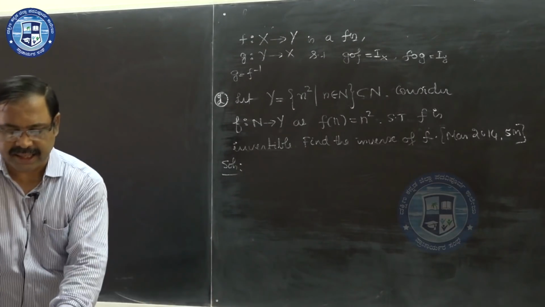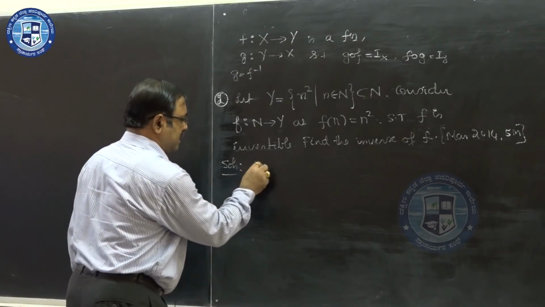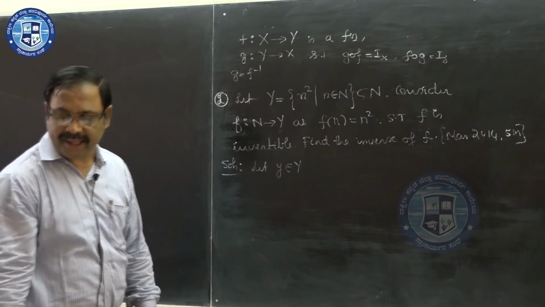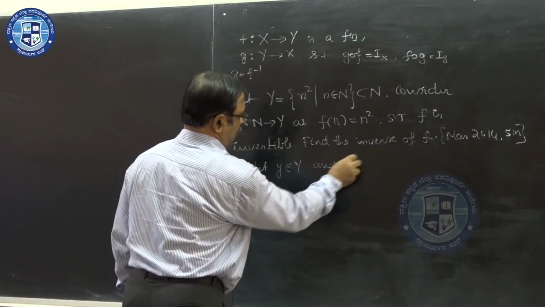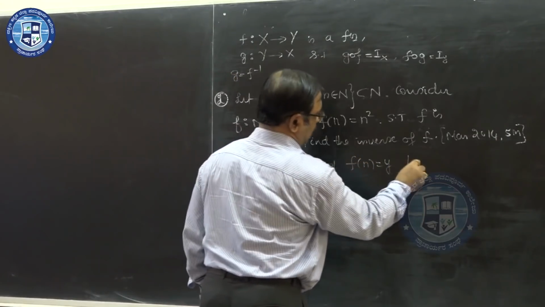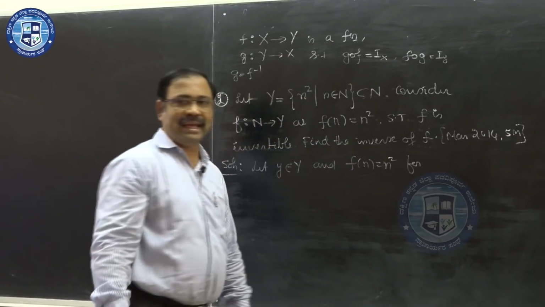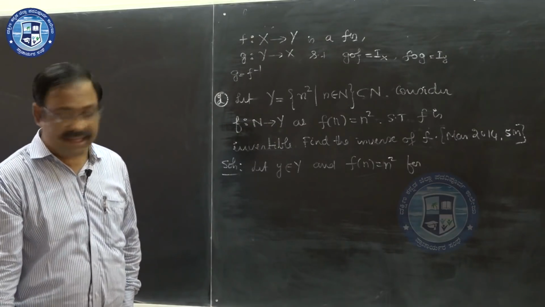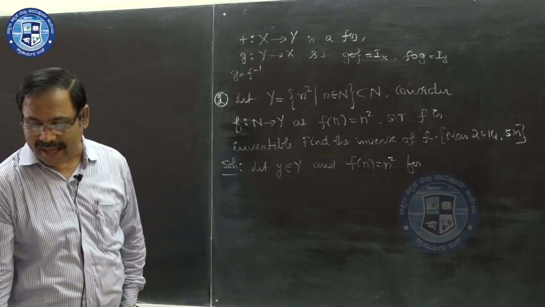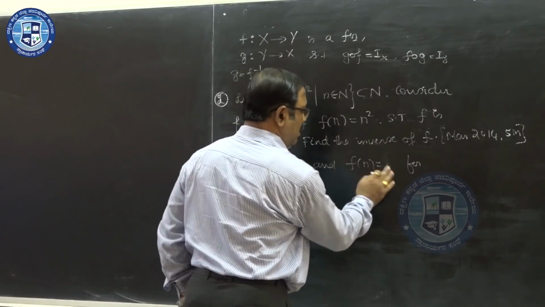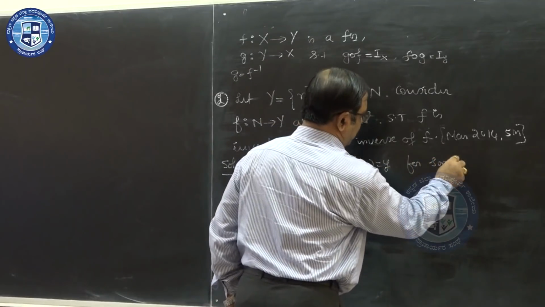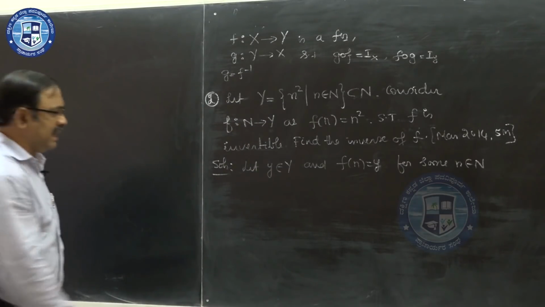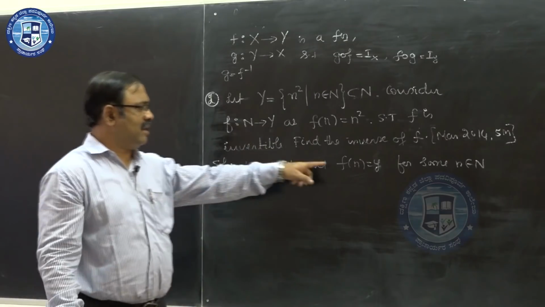Now let us consider y belongs to Y and f of n is equal to y, or f of n is equal to n squared. This is the same as, for some n belonging to N, f of n equals y.